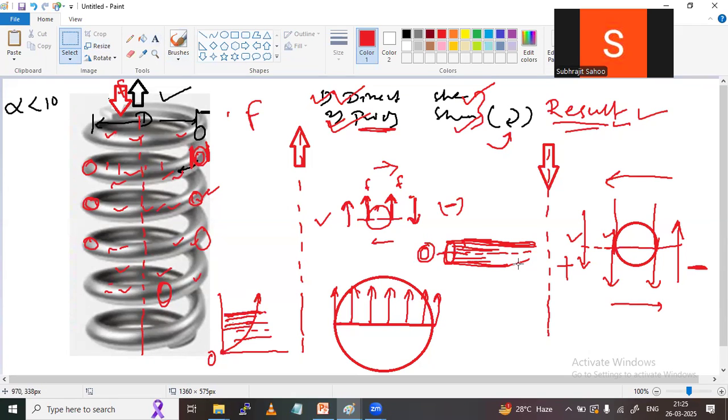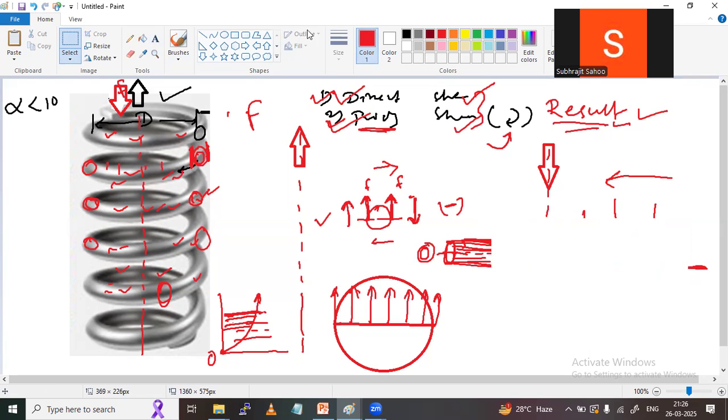If I show this twisting in the diagram, how does it look? Observe carefully. Let this be the cross section, and this is the center, right? Here I told you at the center point the shear stress value is 0.